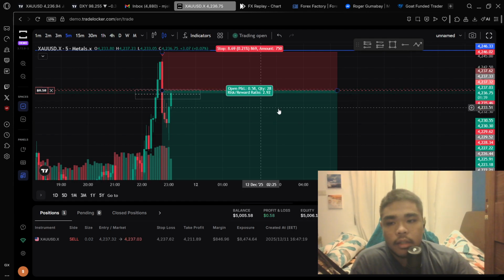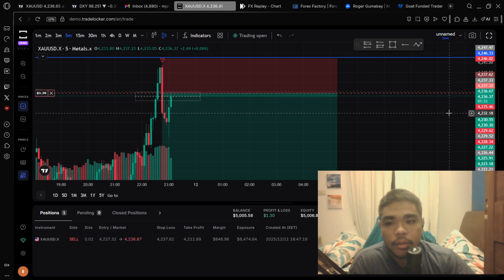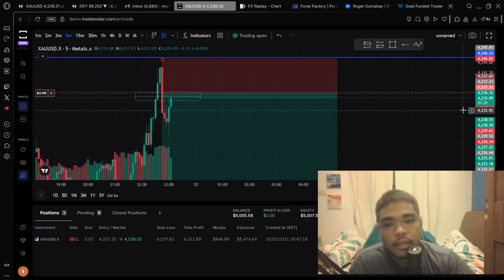That just means that this imbalance in the 5 minute doesn't have enough sellers compared to the buyers that we got from the 30-minute imbalance.